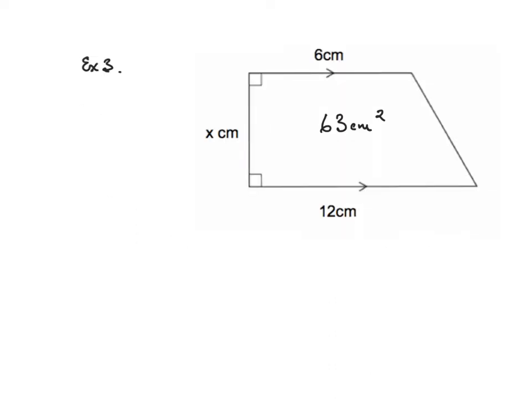In this example, we're given the area of the trapezium and asked to find one of the missing dimensions. Now the formula is area equals 1/2 of the height times A plus B. So if this is A and this is B, we'll put the area here, so 63 equals 1/2 of h, 6 plus 12.